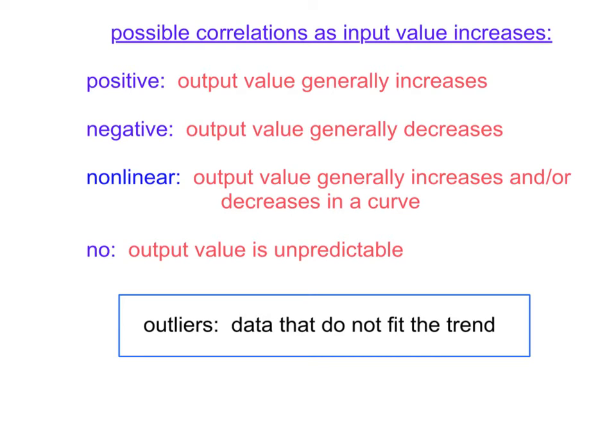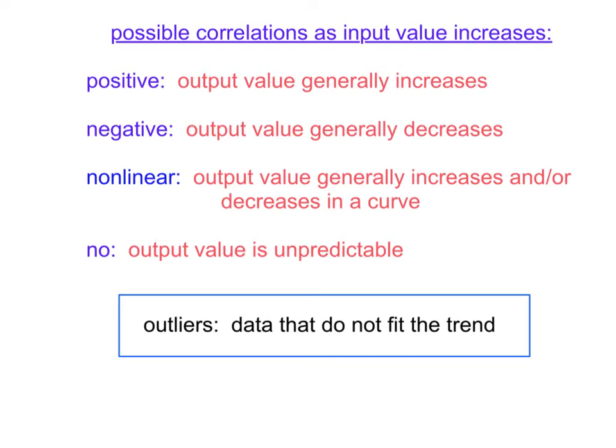And we call those points outliers because they lie outside the basic flow, so that in general points might be going up, but you may have a point that's over there, or they may be going down and you have a point that started out low to begin with. So we're not really going to concern ourselves with that, and those are just considered exceptions to the general trend, and that's okay.